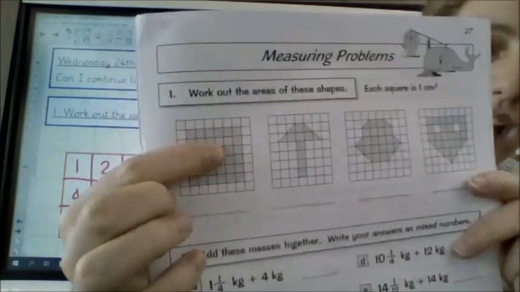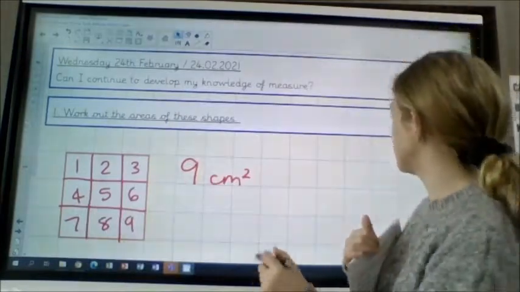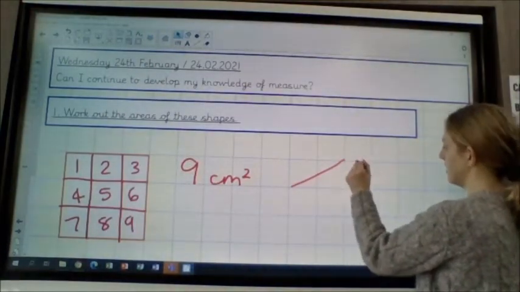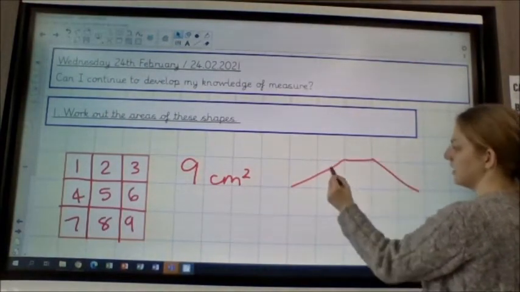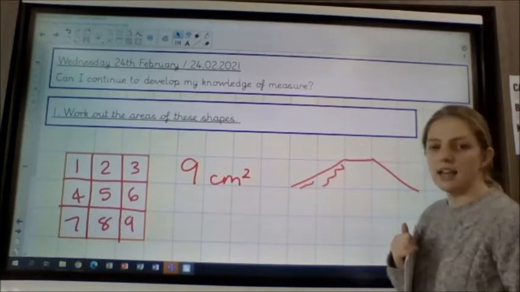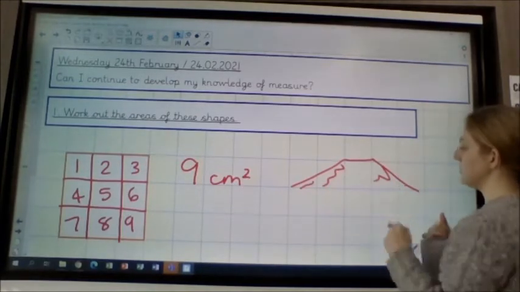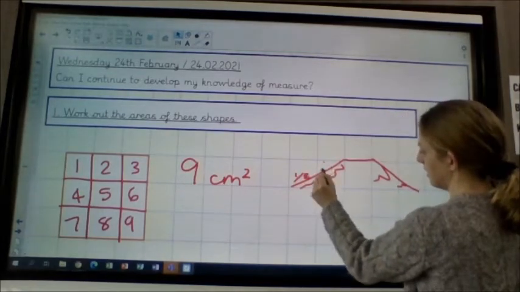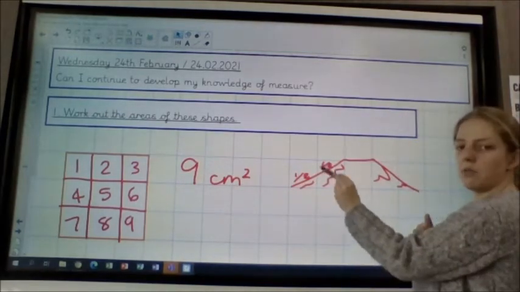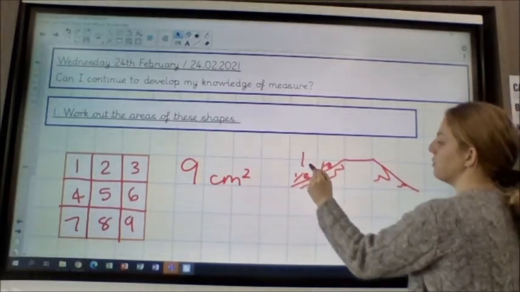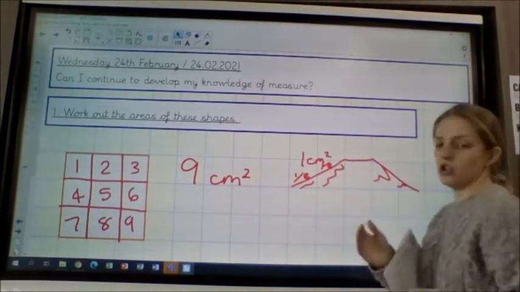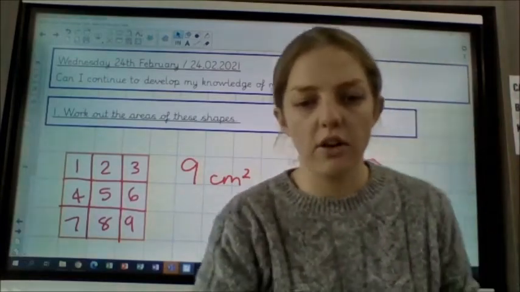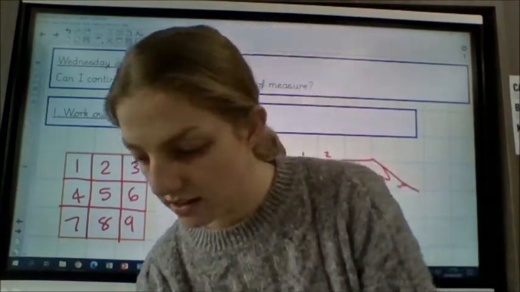If you can see on the arrow, it's got 2 bits that go like this, or a half. When you add the two together, it would be 1 centimetre squared because you're effectively putting the two blocks together. So try your best.